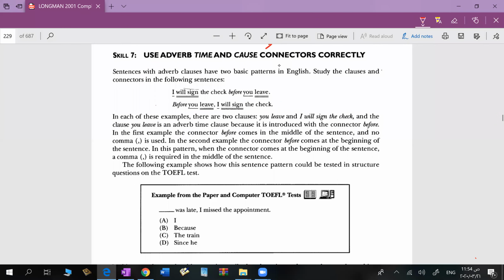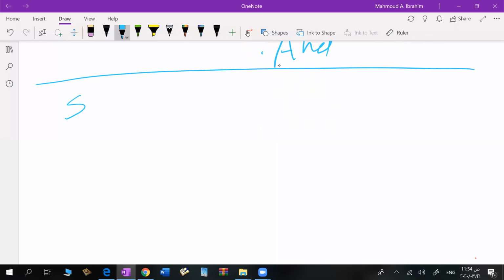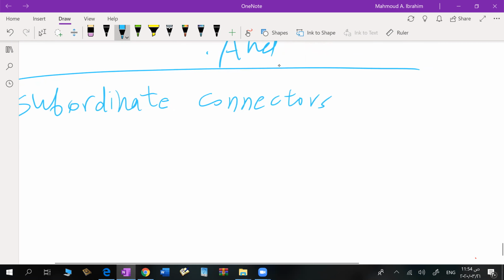Now, the other type of connectors are called subordinate connectors. The ones we were talking about were called coordinate connectors. The other type of connectors that we are going to talk about are called subordinate connectors or subordinators.